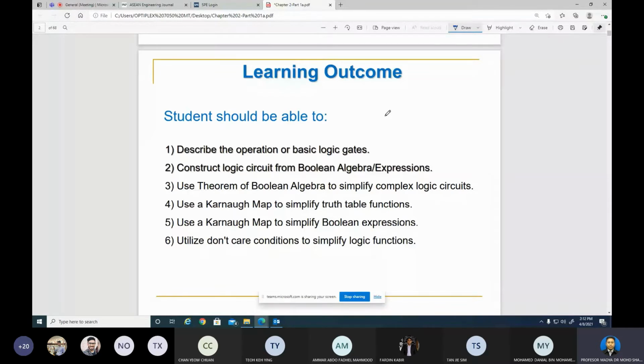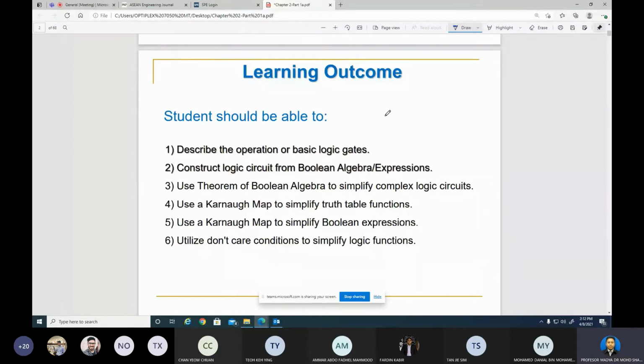That means the universal gates can be used to represent the basic logic gates. For the universal gates, we have the NAND gate and NOR gate. These can be used to imitate the basic logic gates, like OR, AND, and NOT.